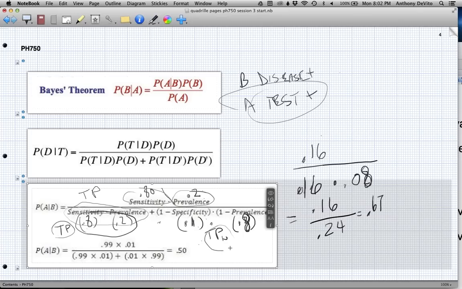This is people that don't have the disease. How many of those people are going to test positive? Well, for starters, the prevalence was 20%, but we're interested in the people that don't have the disease. That's 80% of the people. That's why we took 1 minus the prevalence. The specificity, which is 90%, is the probability that they would test negative.